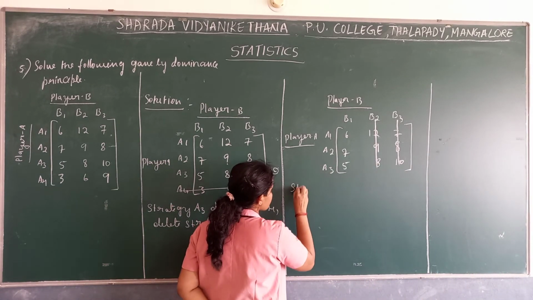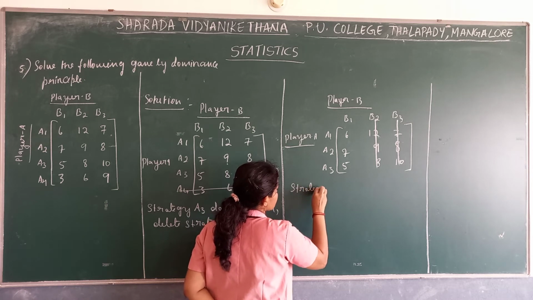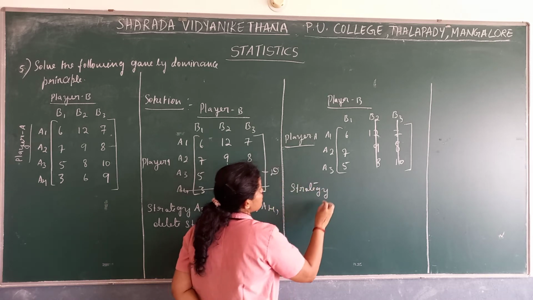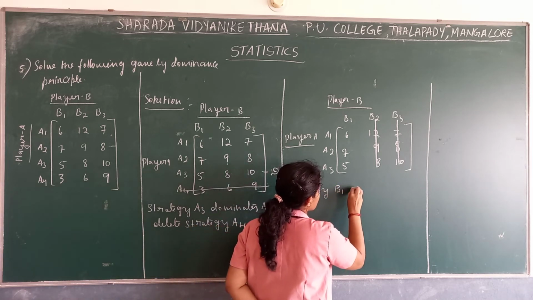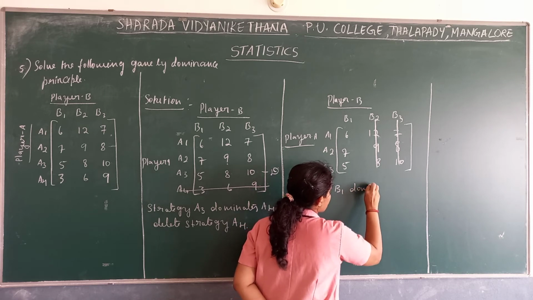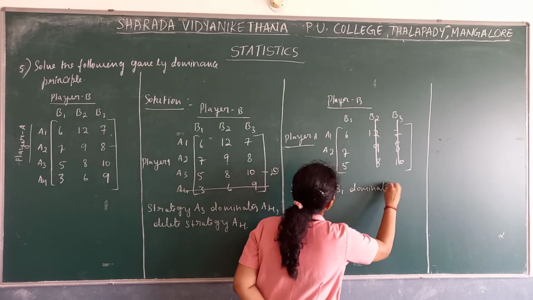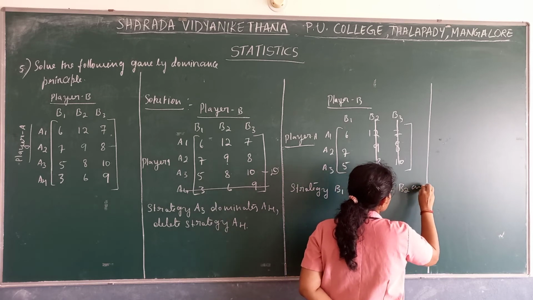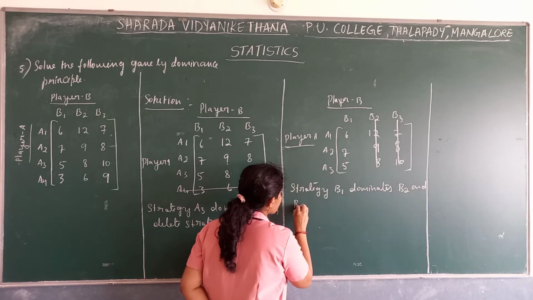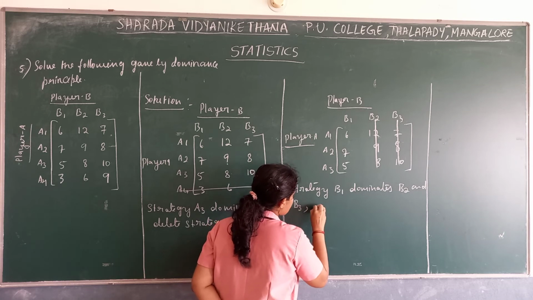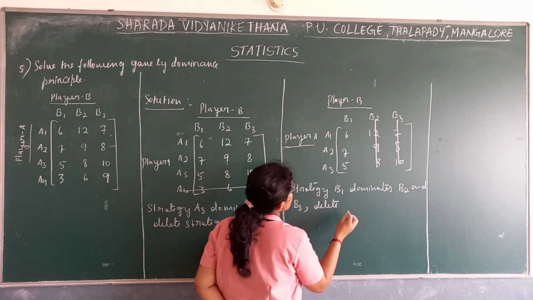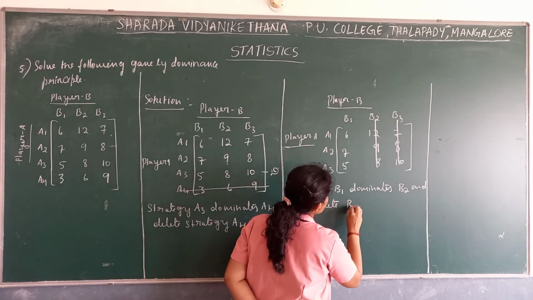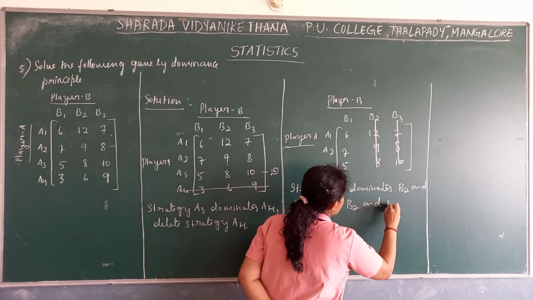So here strategy B1 dominates B2 and B3. So delete B2 and B3.